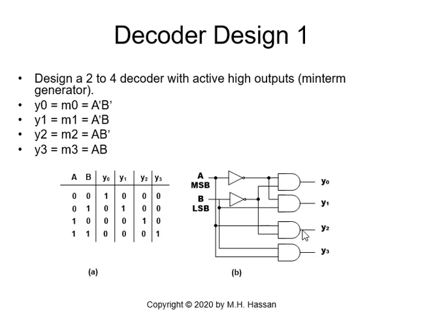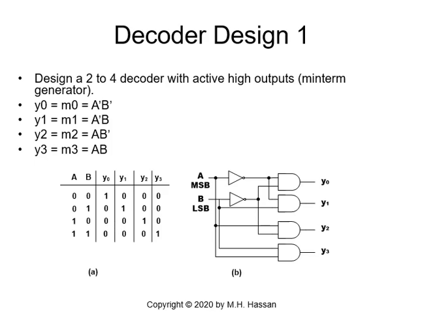Y2 would be M2, which is A B prime, so take A, and this is B prime taken from here, and A is taken from A before the inverters. And Y3 will be AB, taken before the inverters. This basically gives me the hardware implementation. I needed two inverters and 4 AND gates to implement a 2 to 4 decoder with active high outputs.